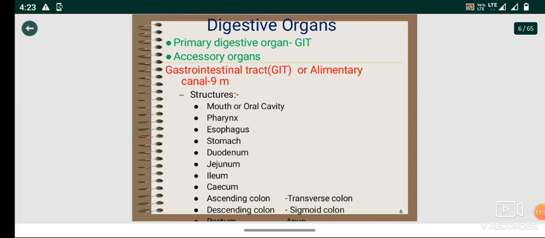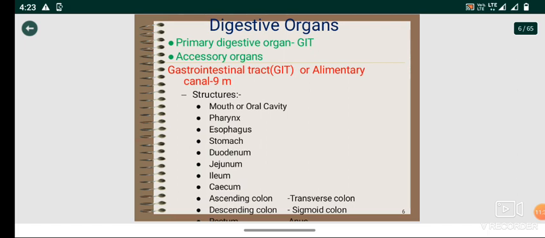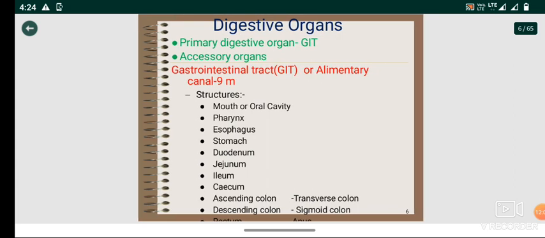Next are the accessory organs. These are the organs which are associated with the GIT to perform their functions. We call them accessory organs. The gastrointestinal tract or alimentary canal is in total 9 meters long. The structures start from the mouth and oral cavity, then comes the pharynx. So first the food enters the mouth, then from mouth to pharynx, pharynx to esophagus, esophagus to stomach, stomach to duodenum, jejunum and ileum.